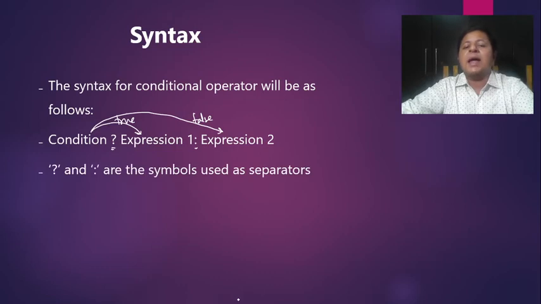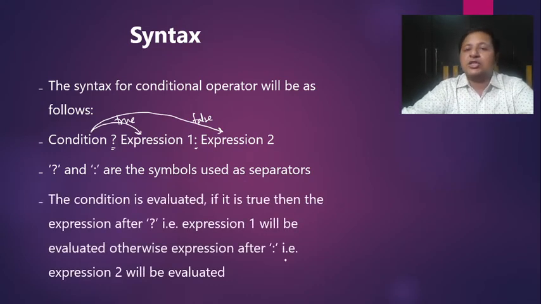Question mark and colon are the symbols used as separators. They separate your condition from the first expression as well as from the second expression. The condition is evaluated in a very straightforward way. If it is true, the expression after the question mark, expression 1, will be executed.